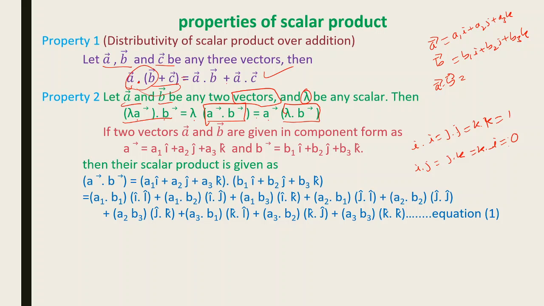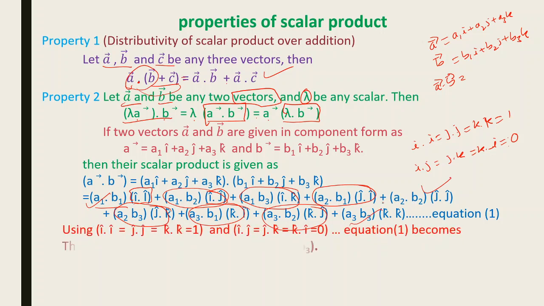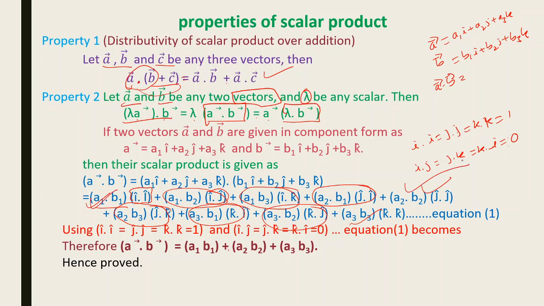So i dot i is 1, and A1 B1 continues as it is. i dot j and i dot k are 0, j dot i is 0, j dot k is 0, k dot i is 0, k dot j is 0, and k dot k is 1. So the left out terms give, when you take the dot product of two vectors in component form, A1 B1 plus A2 B2 plus A3 B3.